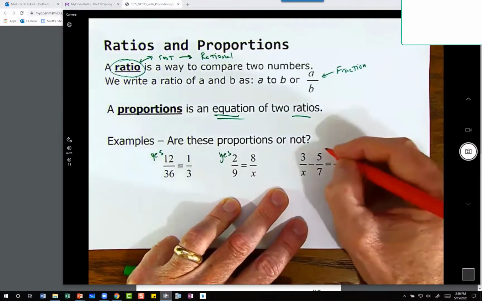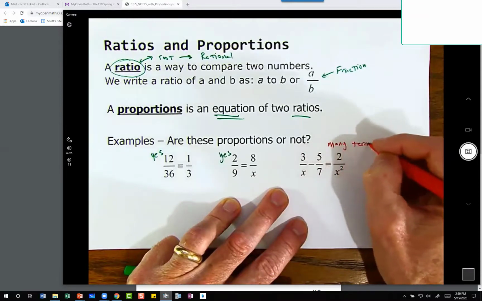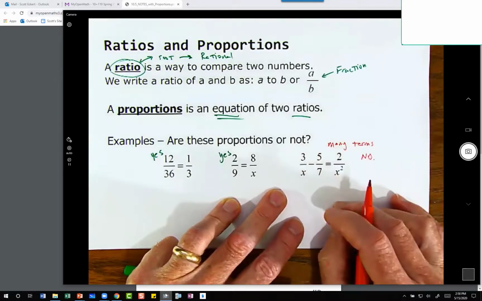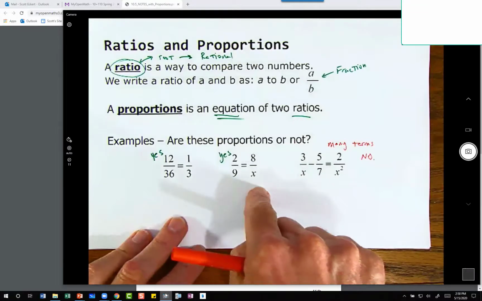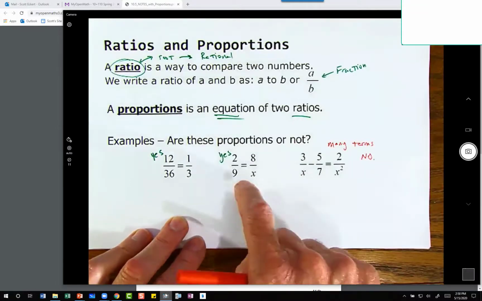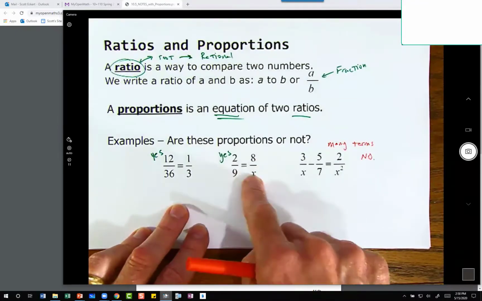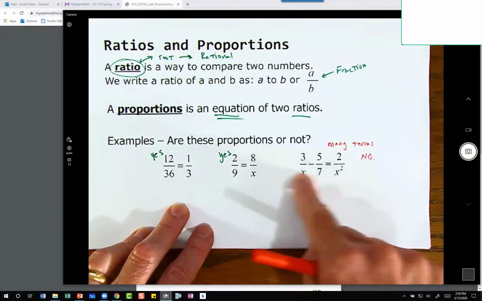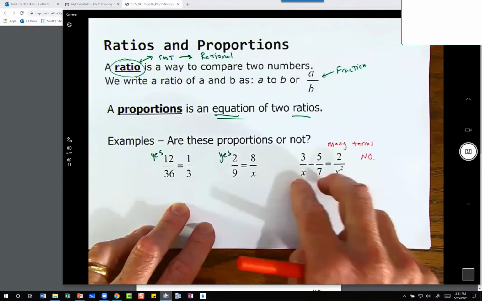This has many terms. So nope, that's not a proportion. Now, can we solve for x on the second one and the third one? We can. It's just that the proportion in the middle has an easy way to solve, and the many terms equation, it's solvable. It's just going to have a lot of steps. That'll be more challenging to solve.